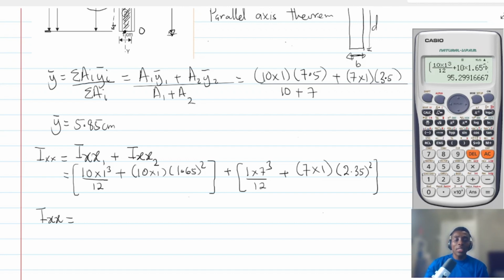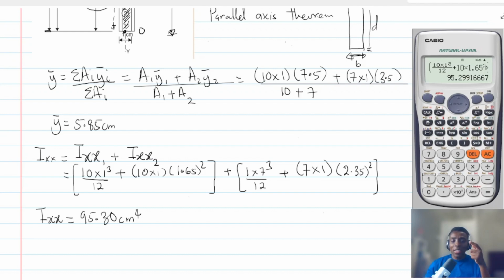So that's about 95.30 centimeters to the power 4. Essentially, that's what we are getting for the x-axis.